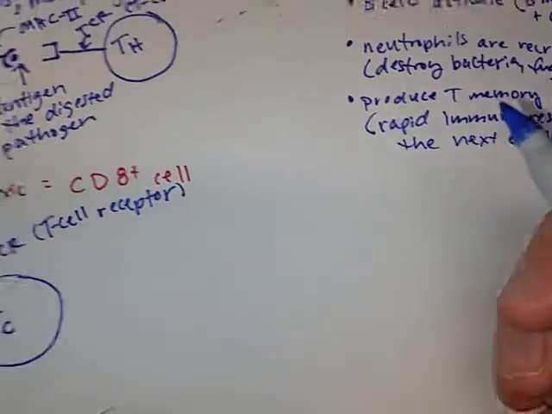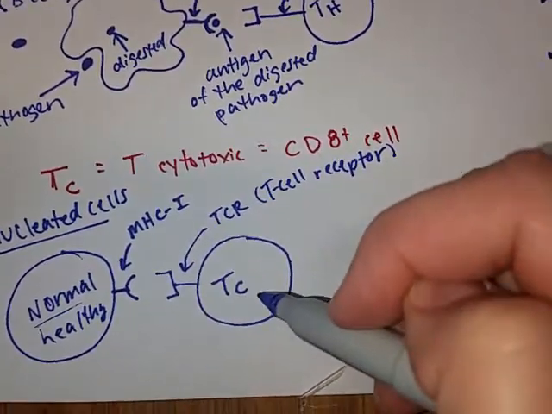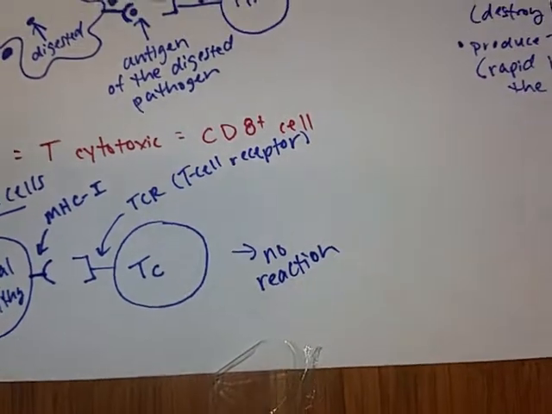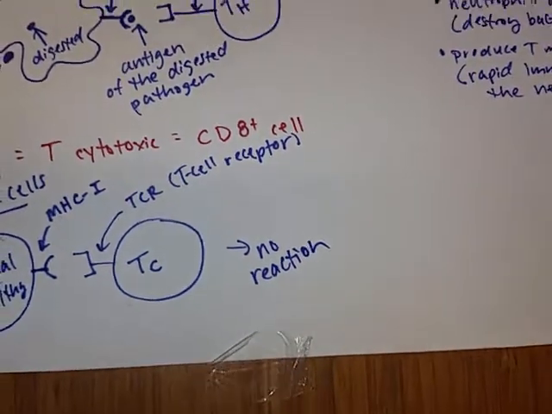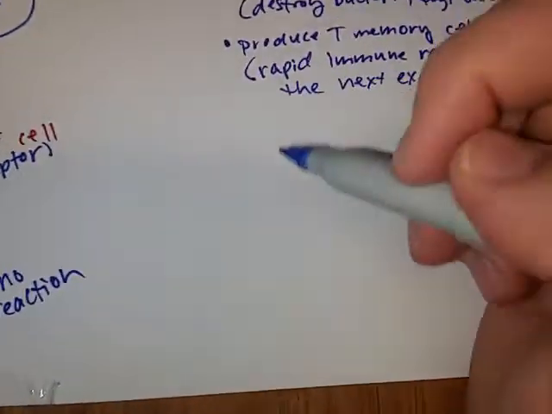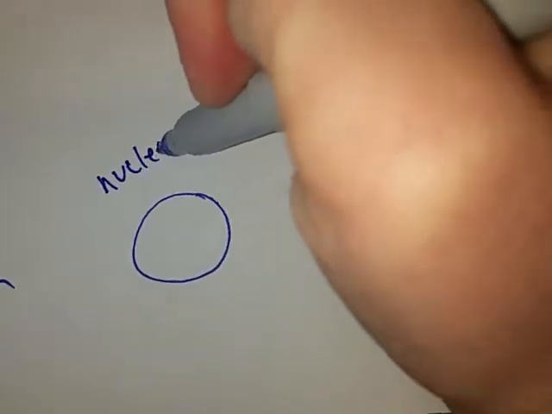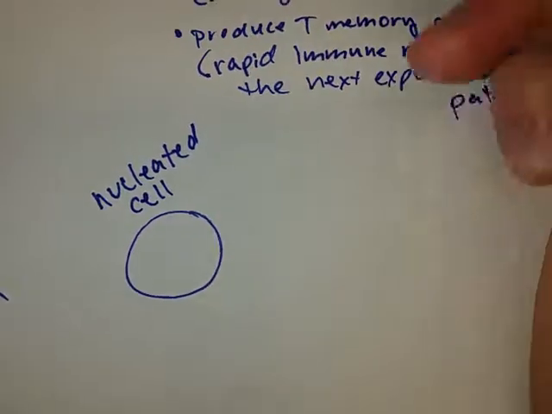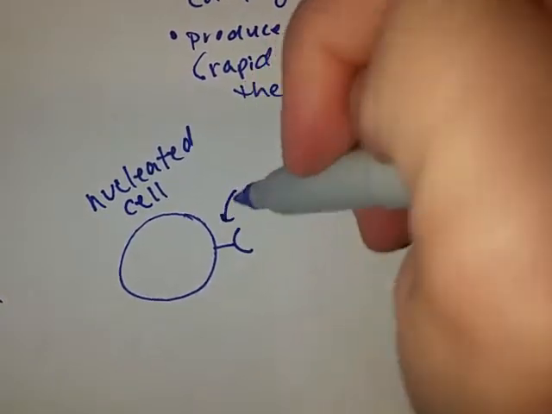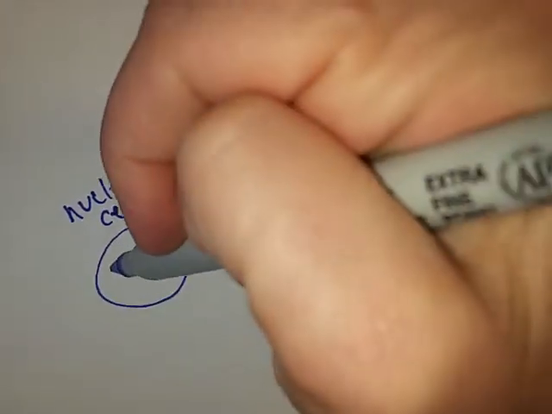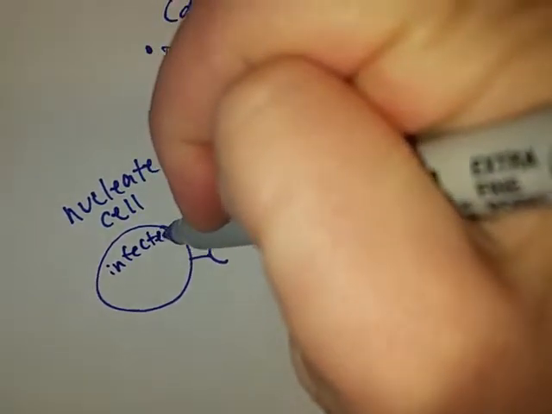Typically when the T cytotoxic cell interacts with the normal cell, there's not going to be any reaction. There's nothing there that's going to trigger the T cytotoxic cell to want to destroy that cell. So what happens if for some reason that nucleated cell, remember, all these nucleated cells have MHC1, and let's say this one is now infected.